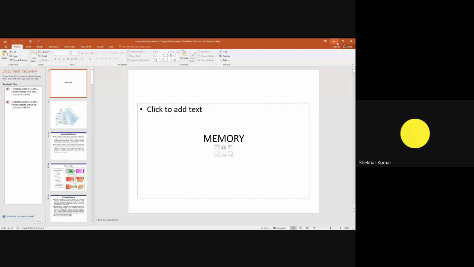And this memory, the complete memory block, is divided into smaller components, smaller parts. These smaller parts are called your cells. And each cell has a unique memory address to store the data in the memory. Okay, you are not able to see the screen.